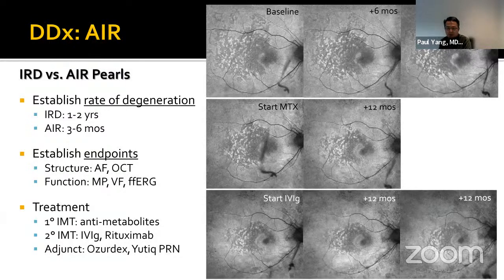So these are the pearls to try to differentiate between IRDs and autoimmune retinopathy. Because I got fooled by that first case that I showed you. I treated that patient with immunomodulation for several years, until we figured out that the mutations that she had were relevant.